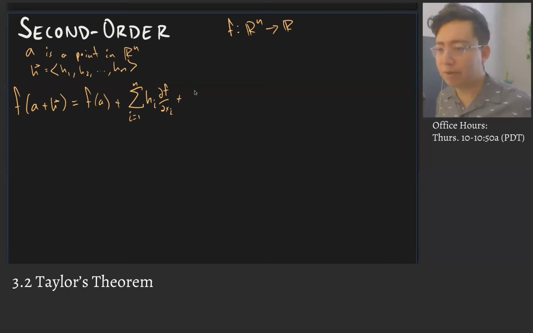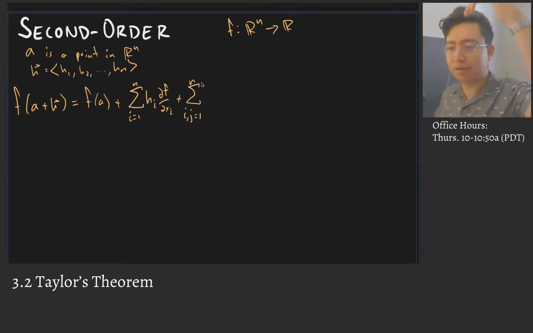But before we get to our error term, we're going to add more information about the function. In this case, it's going to be what we call second order information, which is just information having to do with the second derivatives. So we have this sum over two variables, i and j, and each of them independently goes from 1 to n.